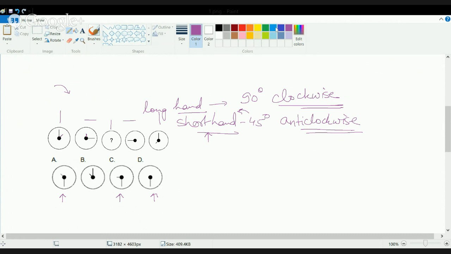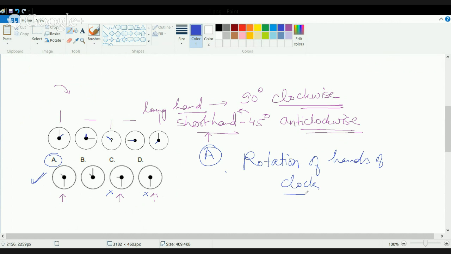So the short hand is moving anti-clockwise from here to here, then it should be here. Then it overlaps with this and finally it goes down. So we can see the position as this. This cannot be the choice, this cannot be the choice. The only option is A. So A is the correct choice, and in this type of question we are talking about rotation of hands of the clock.